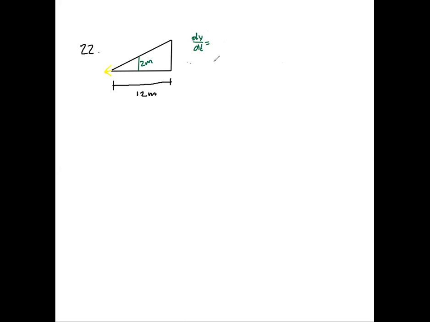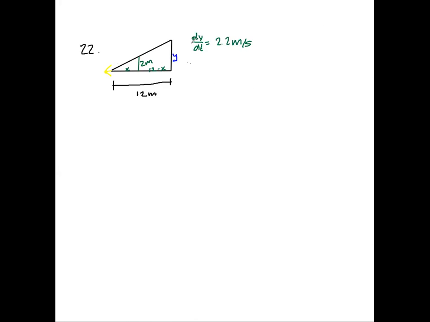If the man is walking along the x-axis from the spotlight towards the building at a speed of 2.2 meters per second, that is our dx dt, which means that this is going to be x, this length here, and this length is going to be 12 minus x. So that's how we kind of got this figure that they gave us. And then the height on the building is given in y, or the height of his shadow on the building.